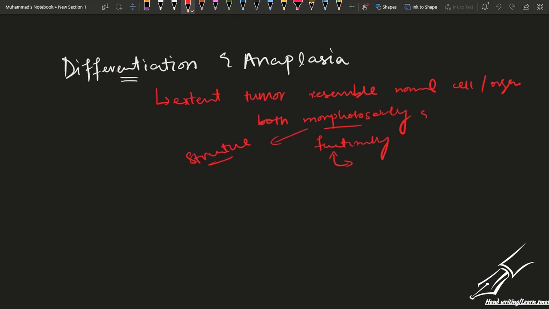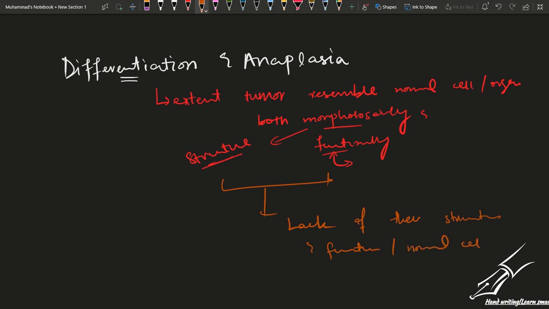The loss of this structure and function, the lack of these structural and functional features with respect to the normal cells or organ, is called anaplasia.